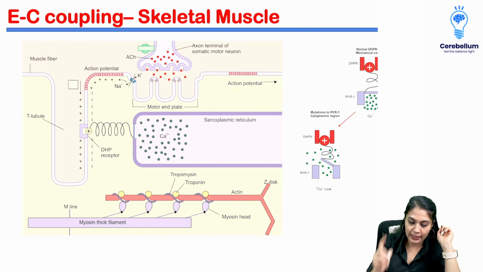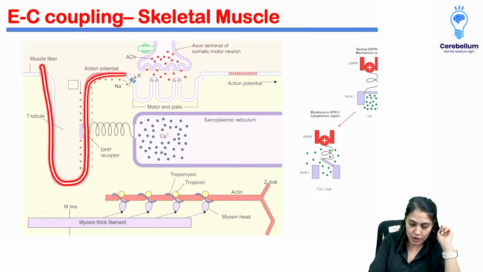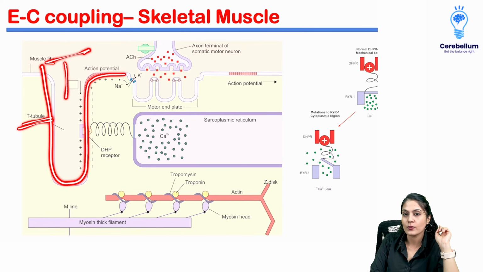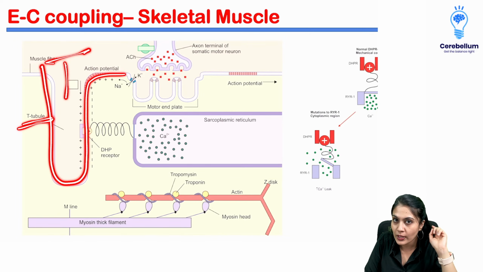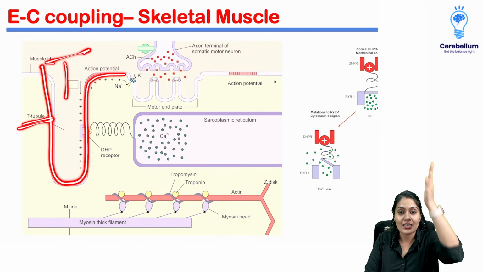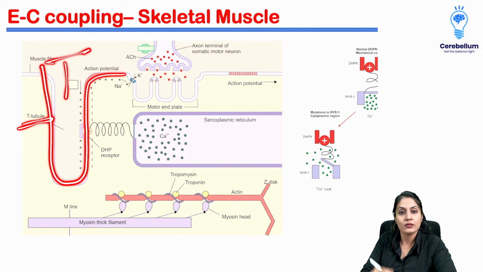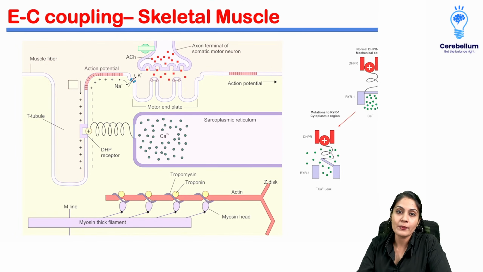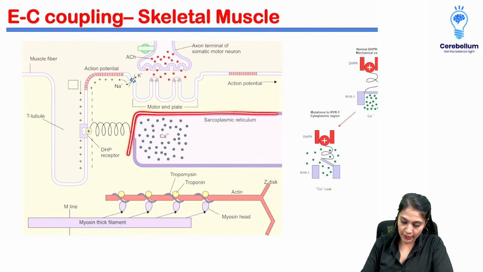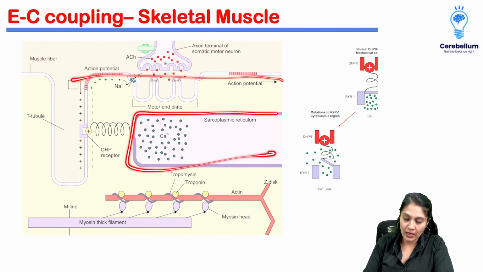Now look over here, there are two tubules. First, this is the transverse tubule, or T tubule. Why is it known as T? Because it is present transversely in the sarcolemma. And what is present longitudinally to the sarcolemma?